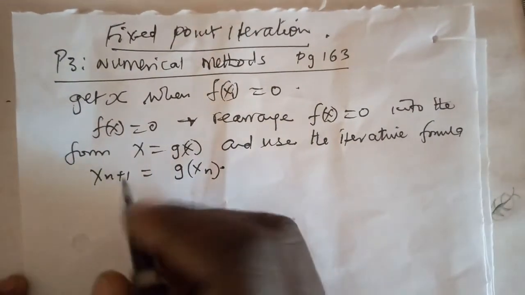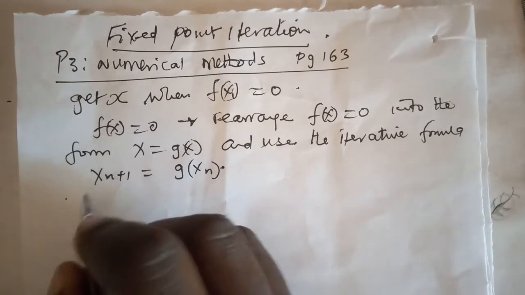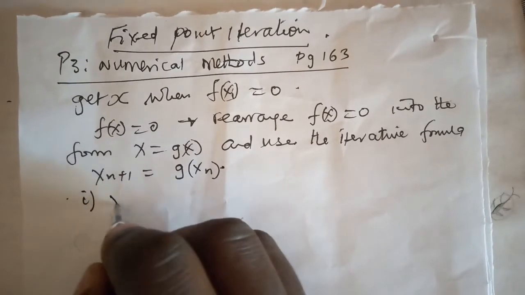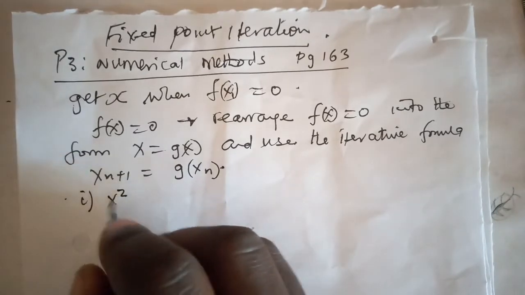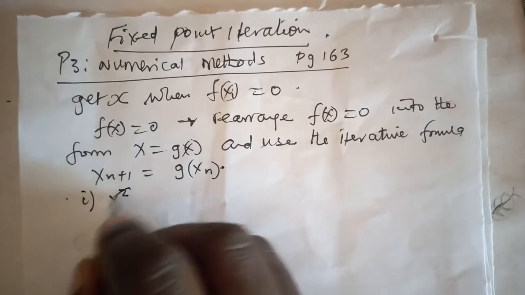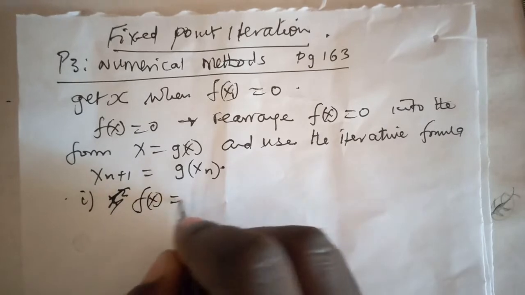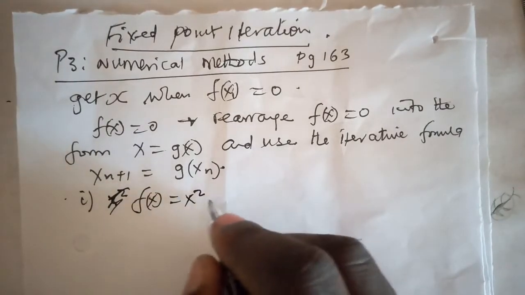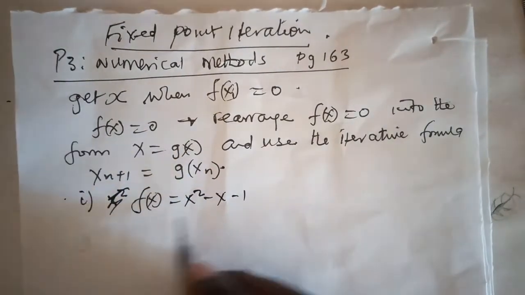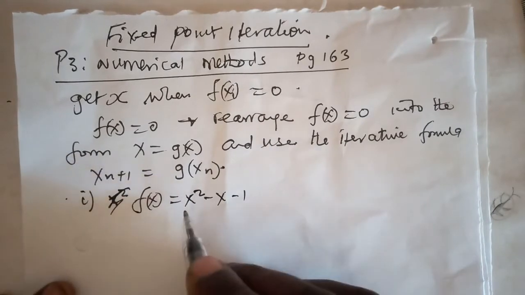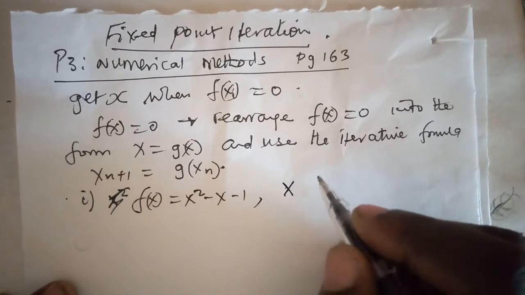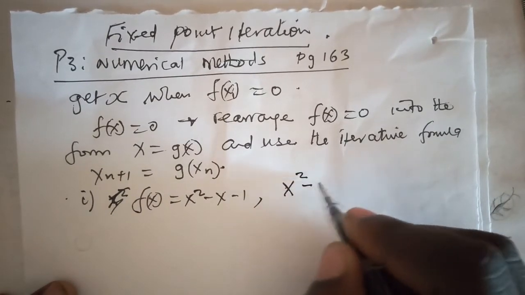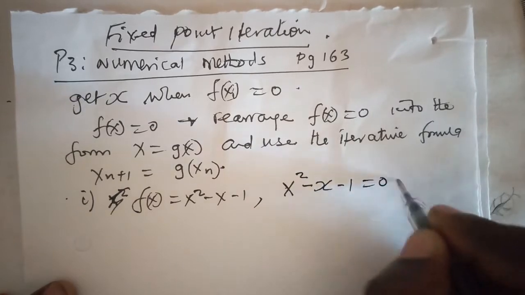have two functions. For example, let's talk about f(x) is equal to x squared minus x minus 1. And you may want to make probably one of these x's the subject of the formula. And by this, you'll be saying when f(x) is equal to 0, then x squared minus x minus 1 is equal to 0.